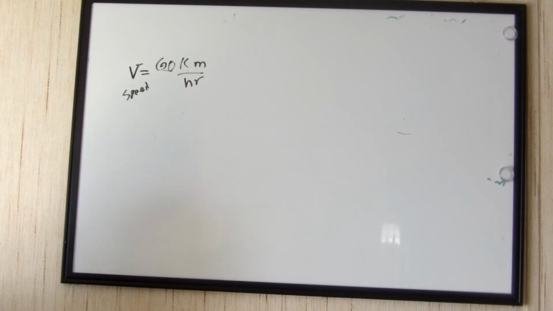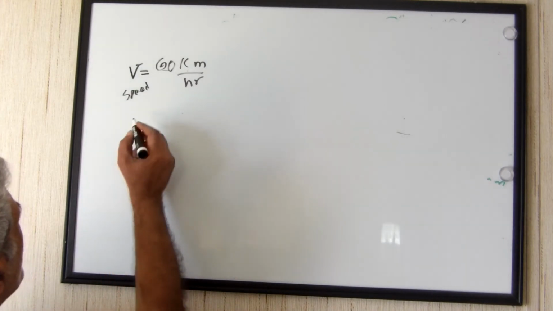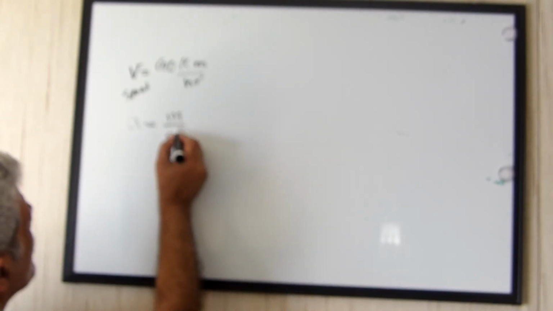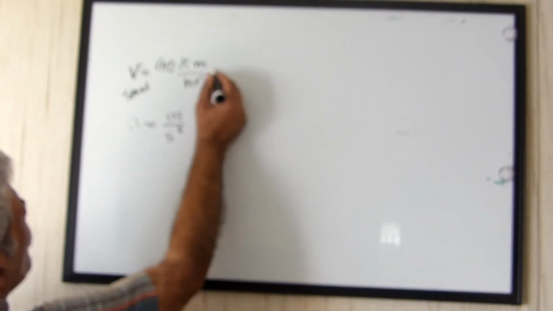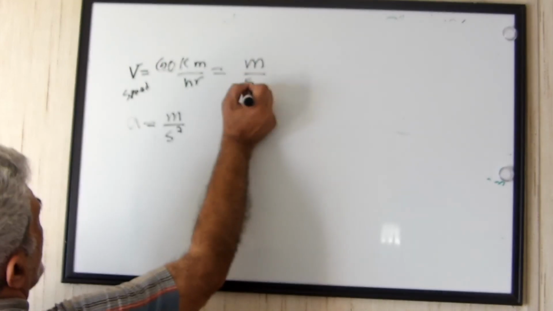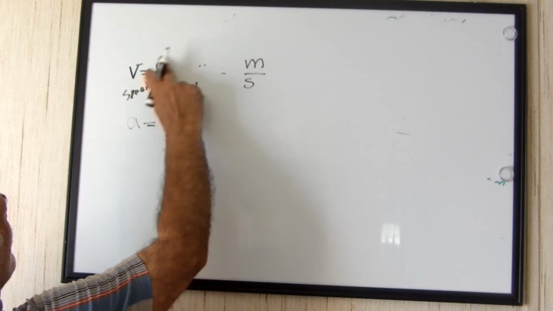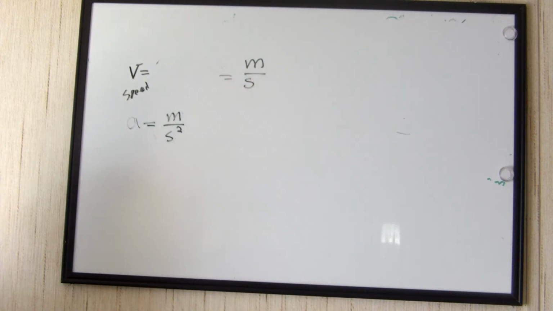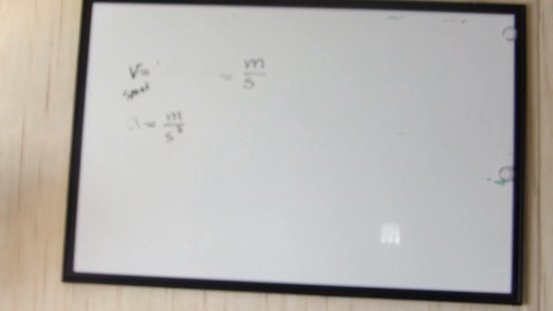We have to learn that the unit of acceleration is meter per second squared. Usually they write velocity in meter per second too. It's distance divided by time, and dividing again by time gives the acceleration.